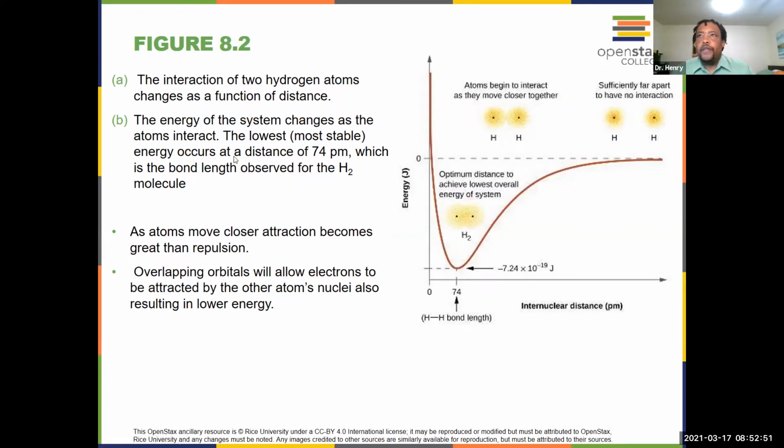Now in the case of diatomic molecules, the benefit of them forming a diatomic versus being individual is energy. At the end of the day, it all deals with energy.